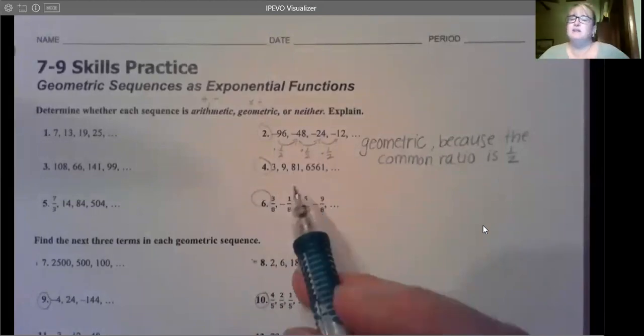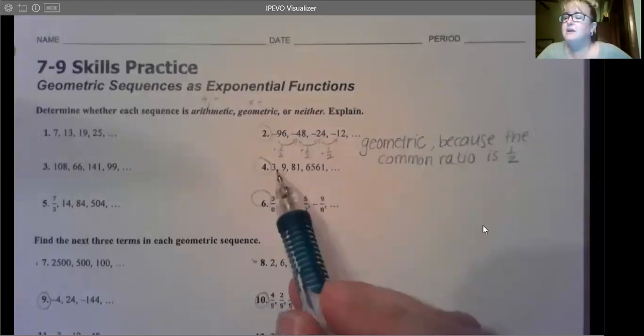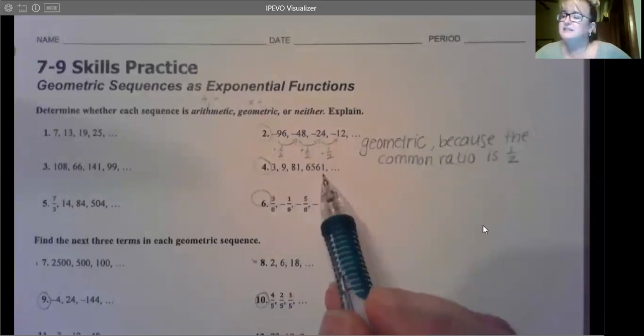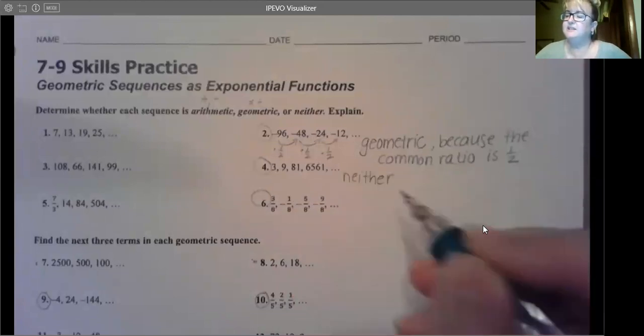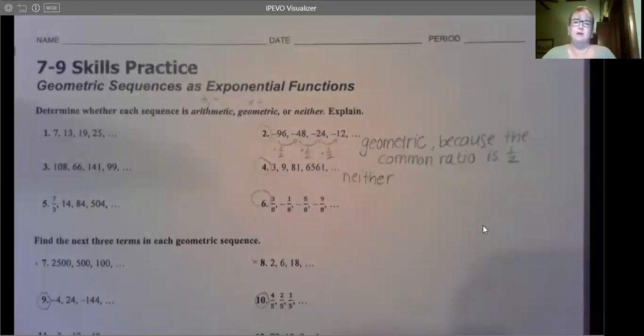So we're not adding by the same thing. Are we multiplying by the same thing? 3 becomes 9. 3 times 3 is 9. 9 times 3 is not 81. So this is neither. It doesn't have a common difference. It doesn't have a common ratio.